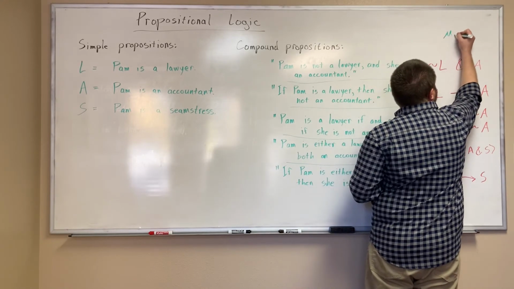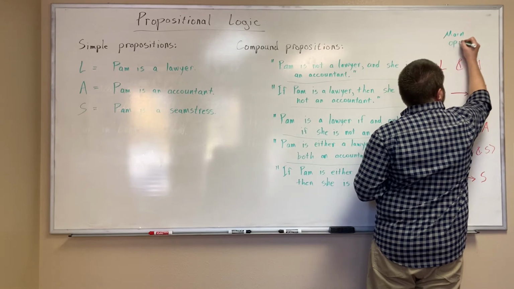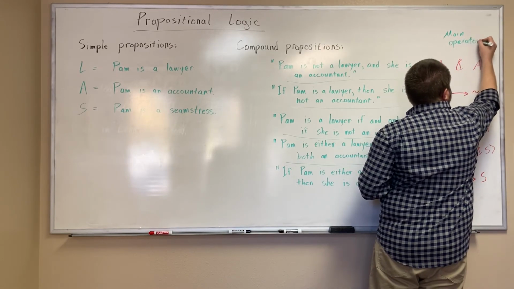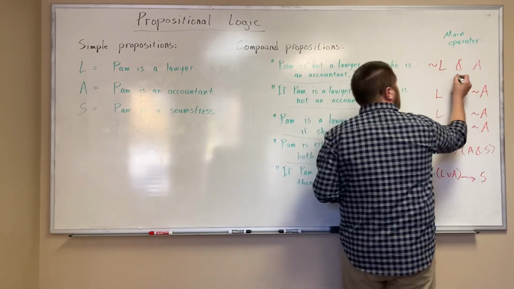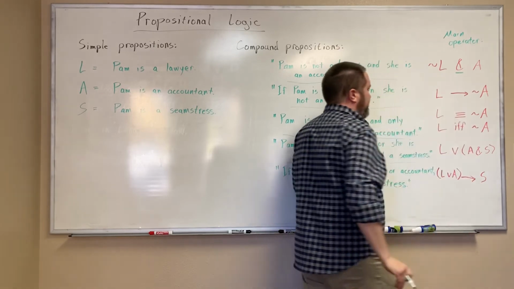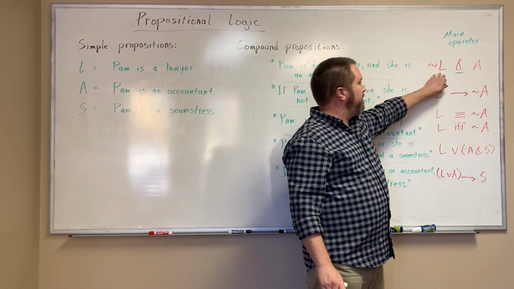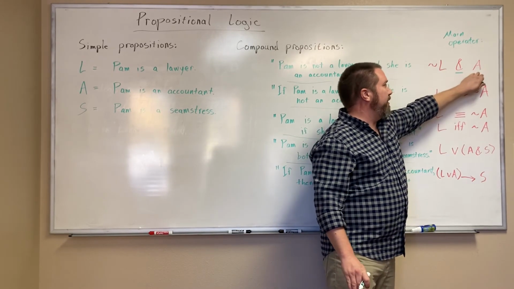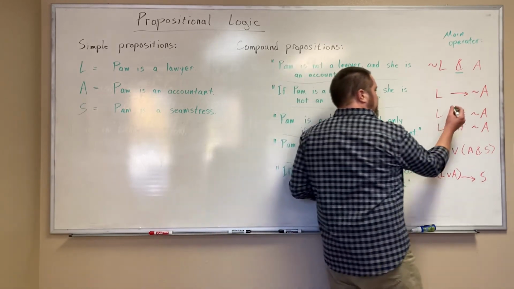When we're identifying what the main operator is, this is saying that since the ampersand is the main operator, the negation of L is its own entity, and A is its own entity.